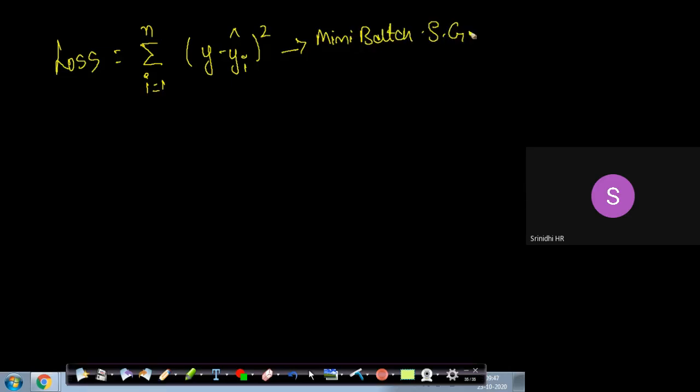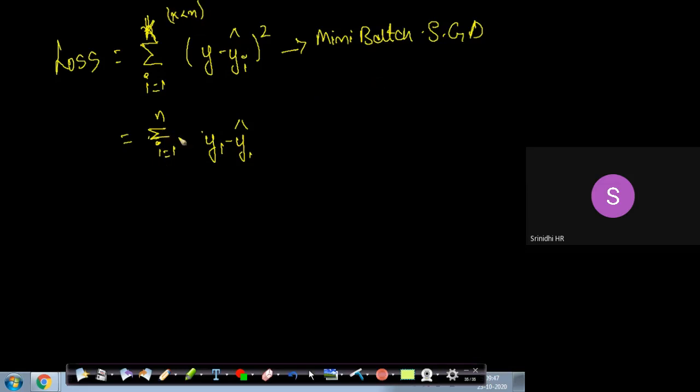Now let's say I write this formula as the summation of i equal to 1 to k, (yi minus yi cap) whole square, where k is less than n. This is my mini batch formula for mini batch SGD.